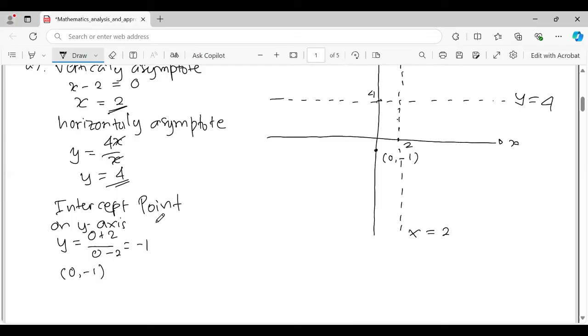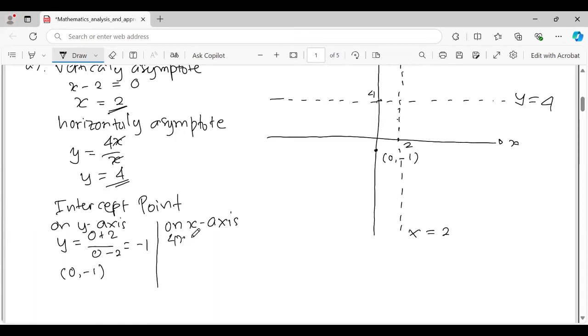And the next, on the x-axis. On the x-axis, we can find the intercept point if y equals 0.